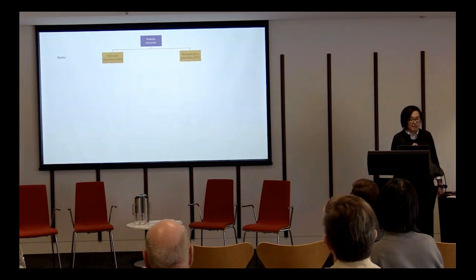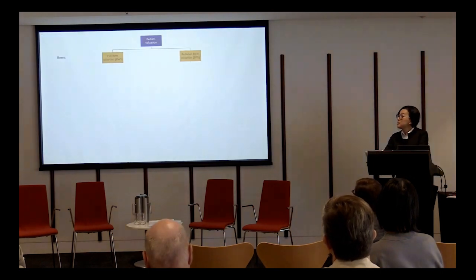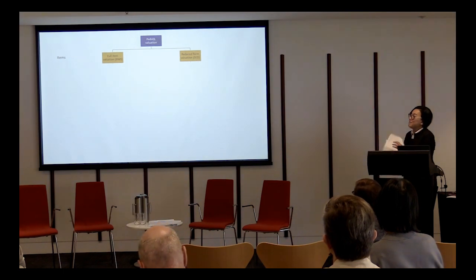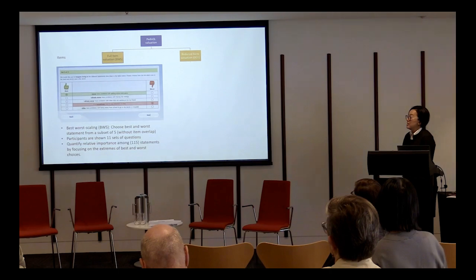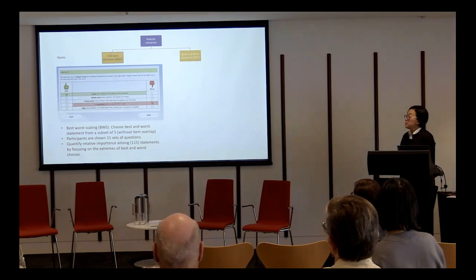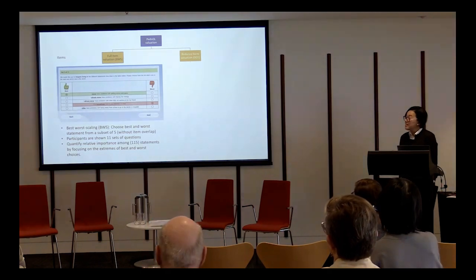So as I said before, we're valuing the PEDS score, and with the PEDS score we're valuing the full item set, and we're going ahead with that using a best worst scaling method. And that was already presented to you in Joe's presentation.